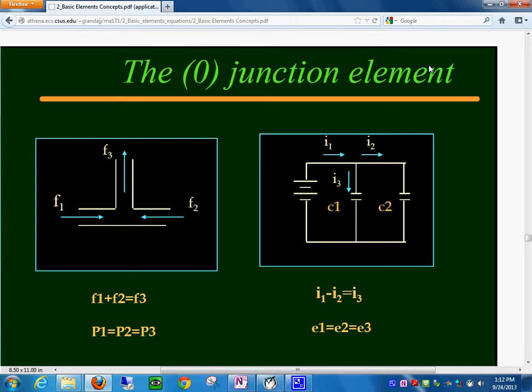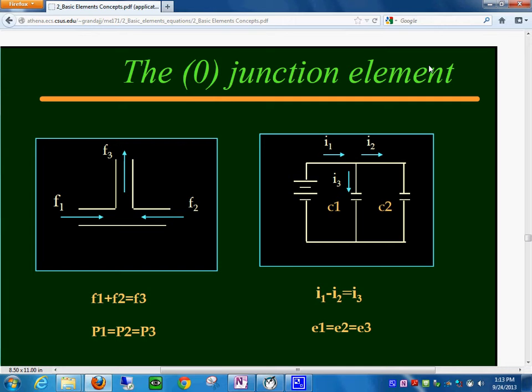Okay, we have a couple of other elements to talk about: the junctions. The junction like this one, using the hydraulics example on the left-hand side, is very good because you can see that this would be like a pipe that has a T in there.